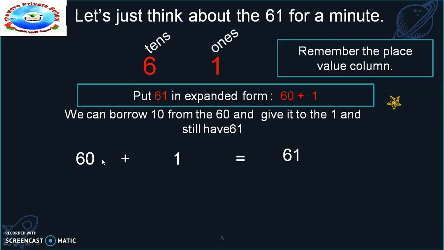So, borrow 1 ten from 6 tens. It becomes 5 tens, that is 50. And give the 10 that we take from 60 to the number 1.